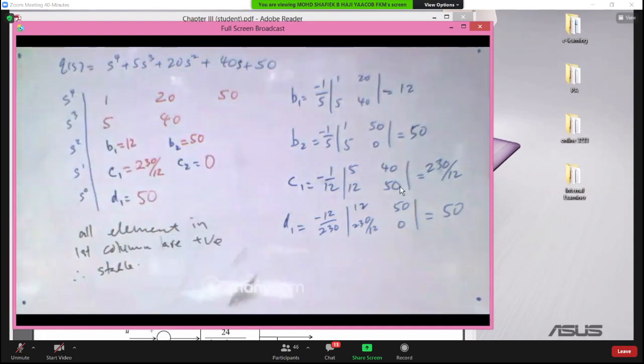See, because in the second column here, there are no more elements in the third column, so you just get 0, 0. So finally, you get C2 equal to 0. Any other question? Well, that is how you develop the Routh table.